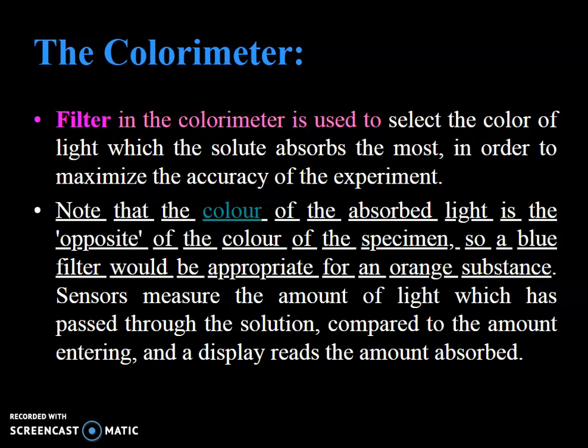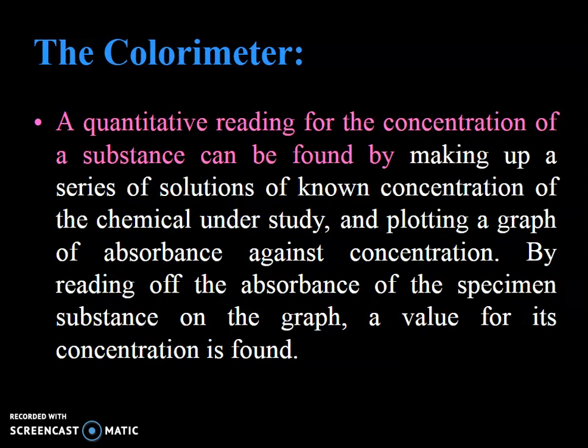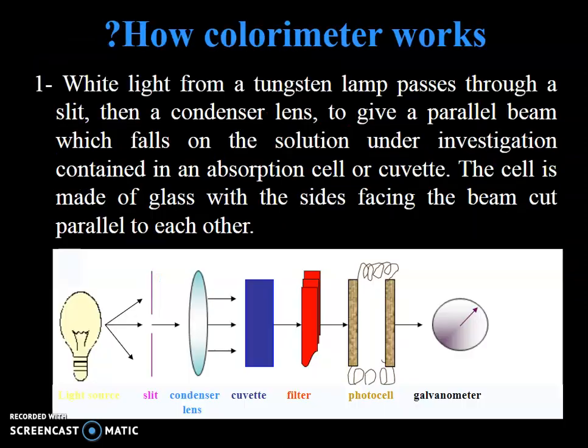Sensors measure the amount of light which has passed through the solution compared to the amount entering, and display the amount absorbed. Now friends, the quantitative reading for the concentration of a substance can be found by making up a series of solutions of known concentration of the chemical under study and plotting a graph of absorbance against concentration. By reading off the absorbance of the specimen substance on the graph, the value for its concentration is found.